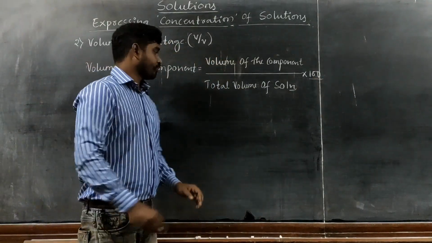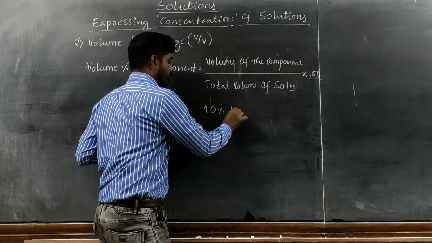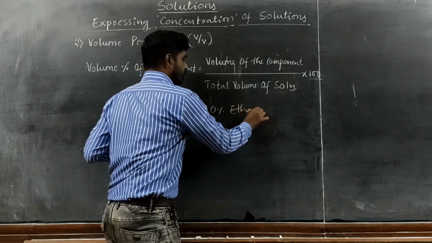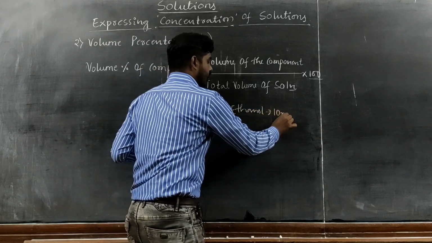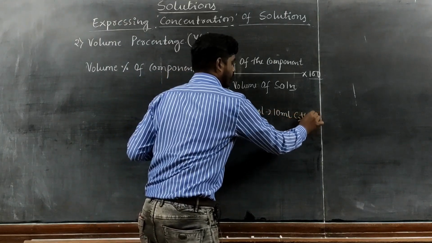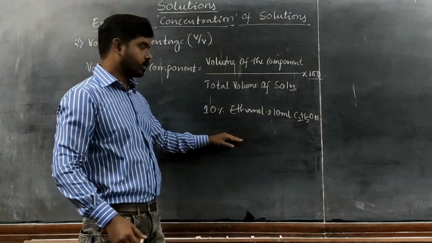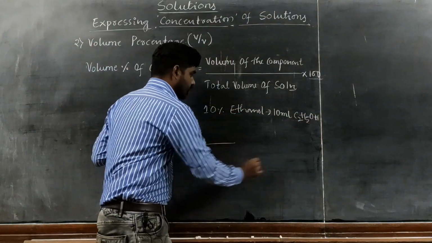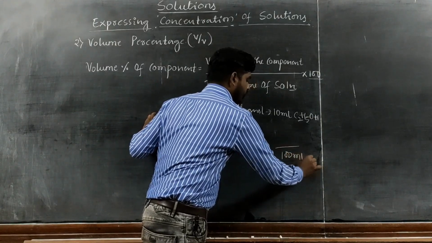For example, if you want to prepare 10% of ethanol, 10% ethanol means you have to consider 10 ml of ethanol. This should be added to a solvent which gives 100 ml of solution.